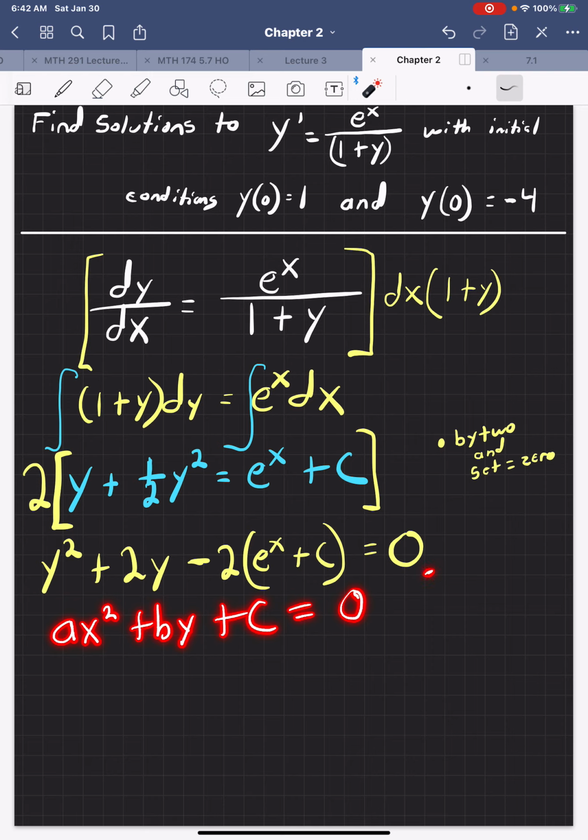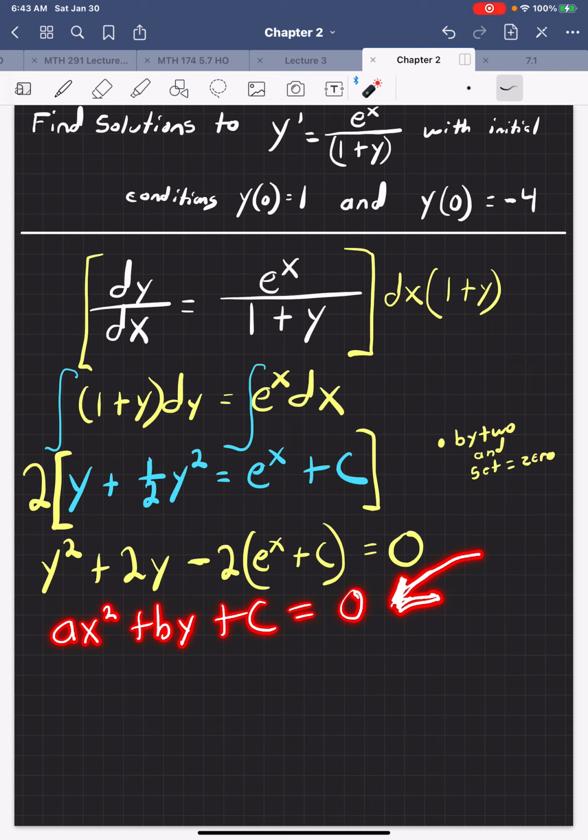Just FYI, in case you ever wondered where the quadratic formula came from, if you take this quadratic equation and complete the square, you would have the quadratic formula. But nevertheless, I would have to identify what is A, what is B, what is C.